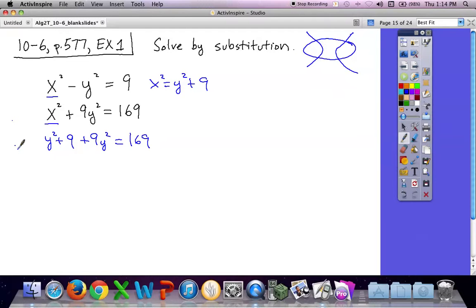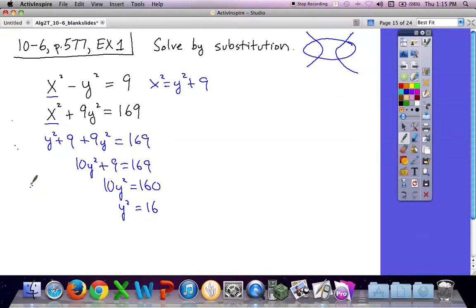So combine like terms: a 1y squared and a 9y squared is 10y squared, plus 9 equals 169. I've got 10y squared equals 160, subtracting 9 from both sides. That tells me that y squared equals 16.